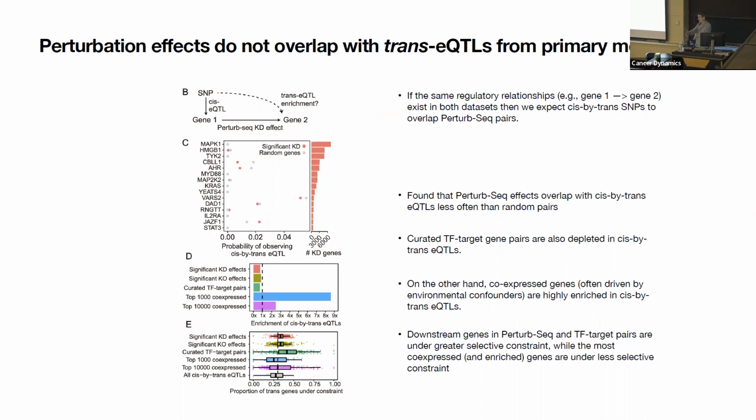We just did a bunch of genetic perturbations, and we learned through perturb-seq a lot of these regulatory relationships of gene 1 regulates the expression of gene 2. So we asked if there was significant overlap in the regulatory relationships that we learned in perturb-seq with cis by trans eQTLs that were inferred from a reasonably well-matched eQTL study in primary monocytes stimulated with LPS.